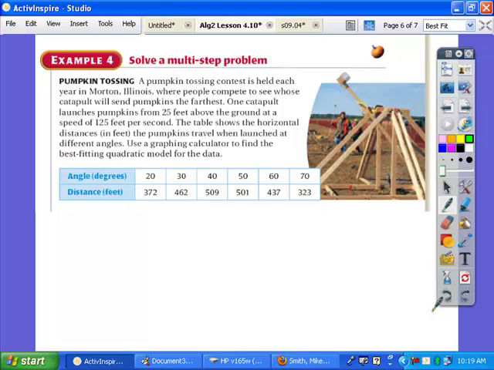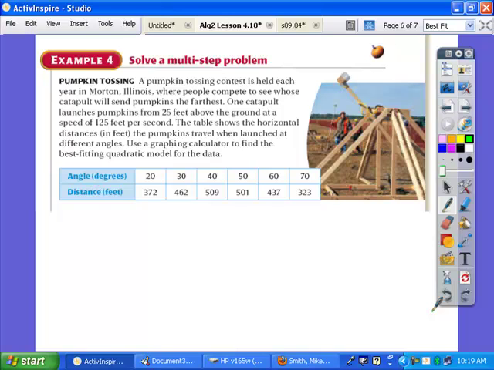But this is the problem where the technique is really supposed to be applied. Okay. So in this sense, what we have is a pumpkin launching catapult, because that's just amazing. And we have some data. And generally, regression is used for data. We're doing data analysis.